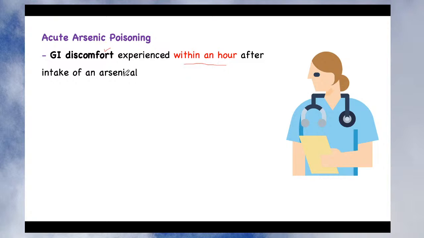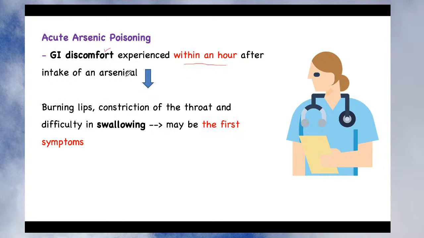Within an hour after intake of the arsenical, the source of the arsenic, you may suffer from initial symptoms like burning in the lips, because the water you have drunk contains the arsenic, and when your lips are exposed to it, you show the symptom of burning in the lips.